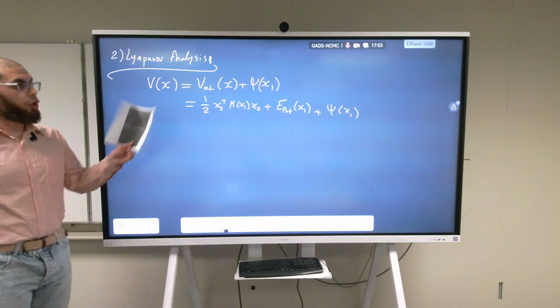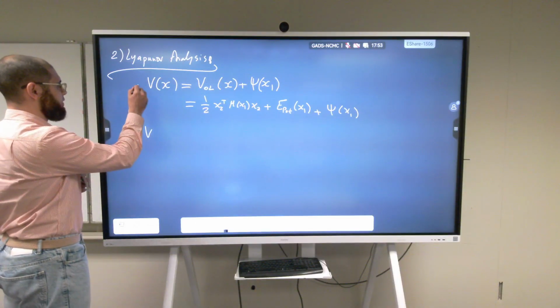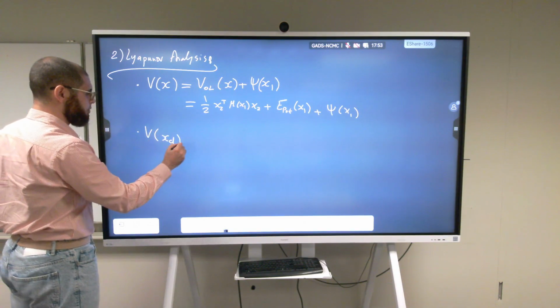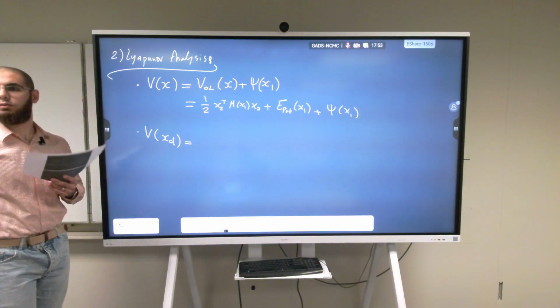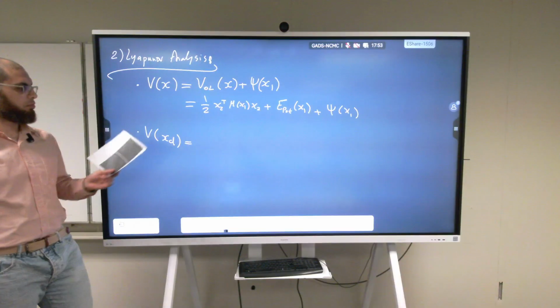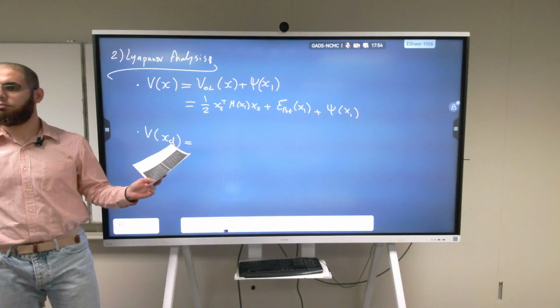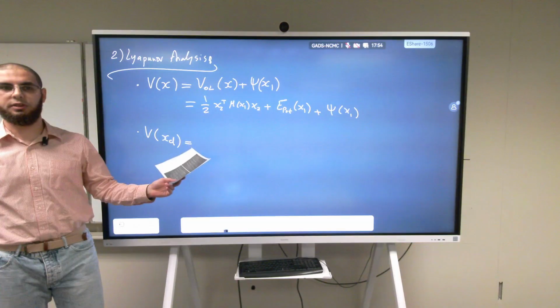Now, in order to play around with this, we first need to make sure that this is a valid Lyapunov function, that V of x desired is equal to what? We need V of x desired to be what? Should it be x minus x desired? No, what is the value of the function here?